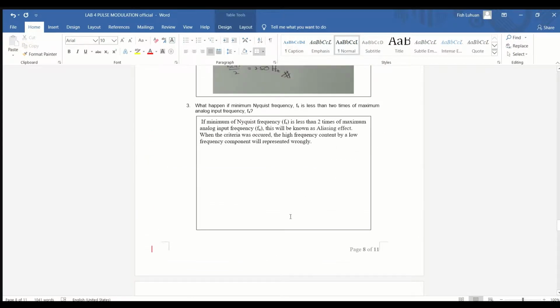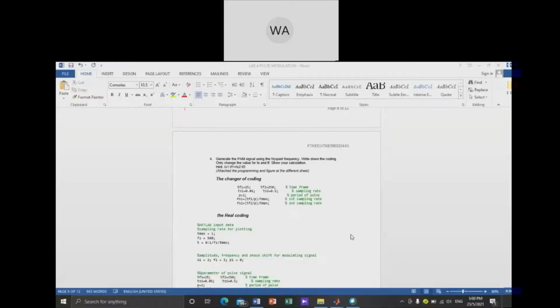So here is my part. So the next I give to my partner. Thank you. Okay, in discussion part number 4, generate the PAM signal using the Nyquist frequency and write down the coding that only change the value for TS, Nyquist frequency, and the TF. Show your calculation. Okay, this is the change that we have.